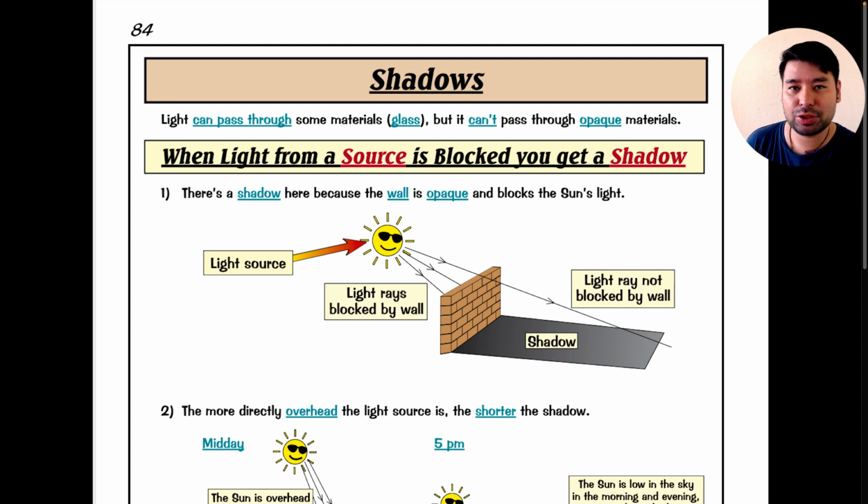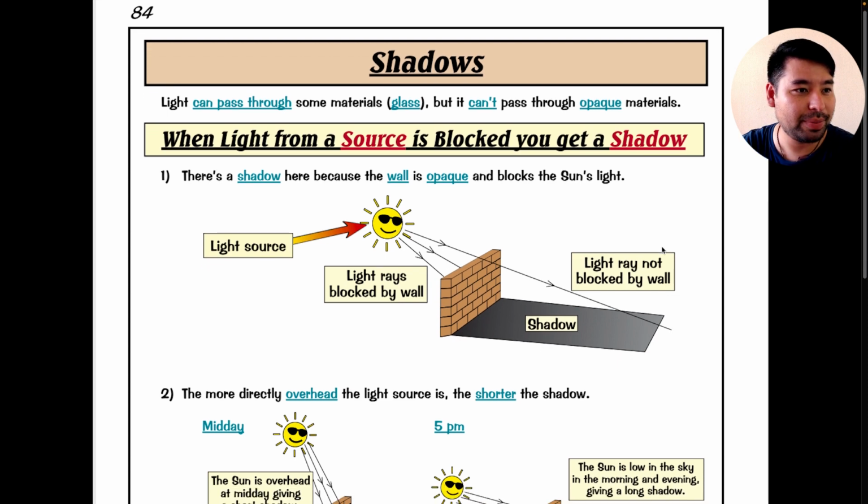Light can go through some types of materials like glass, but depending on the material, like opaque materials, it cannot go. Light, as we say in Portuguese, luz. This is where we begin our study here.